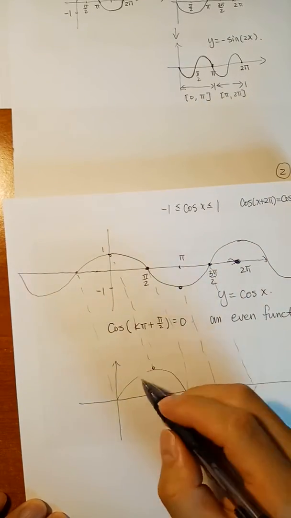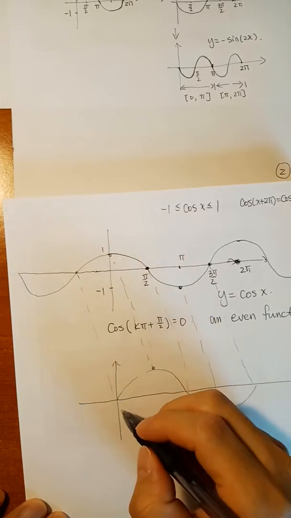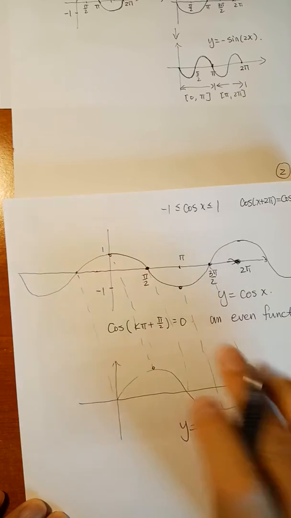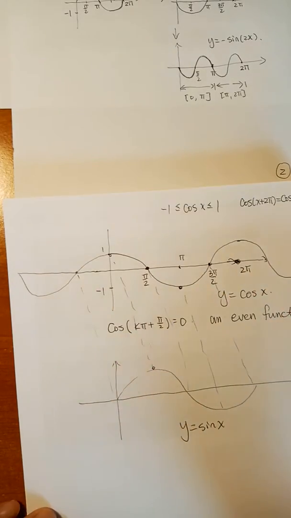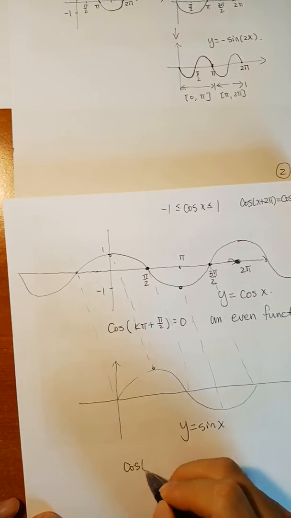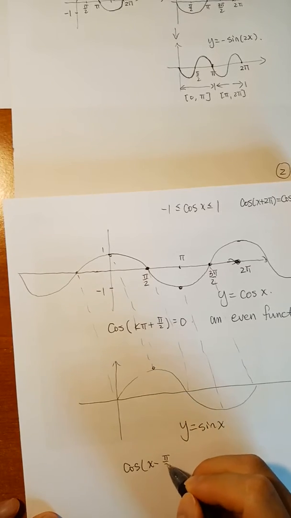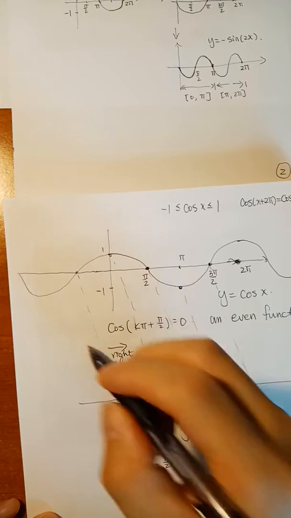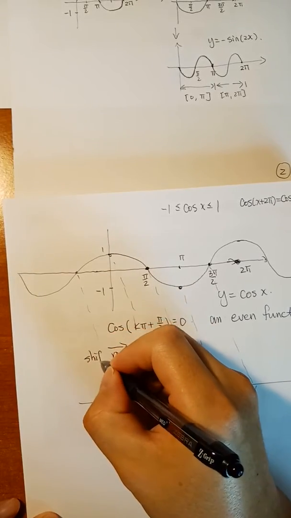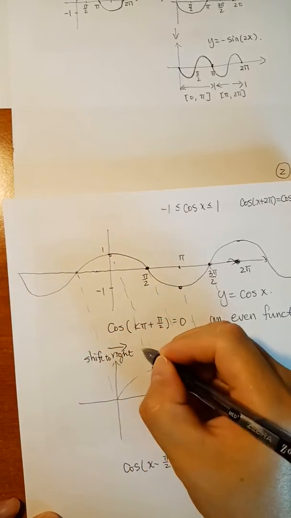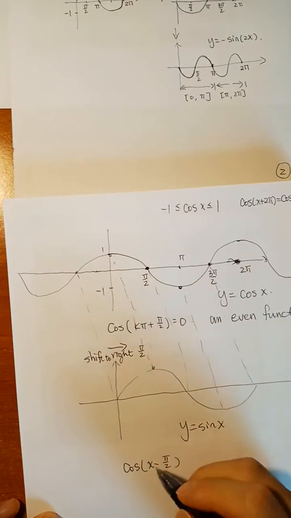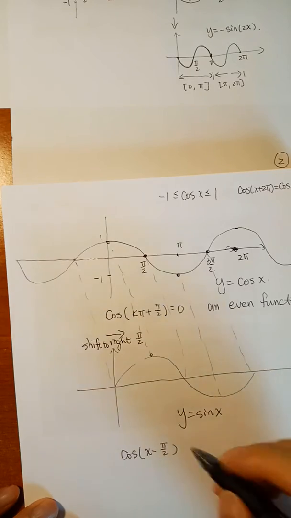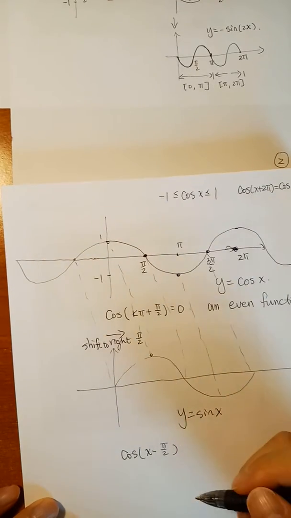Shifting it pi over 2, we get this graph. This graph is exactly the sine. You shift the graph of cosine x to the right by pi over 2, cosine x minus pi over 2, and you get exactly the graph of sine.